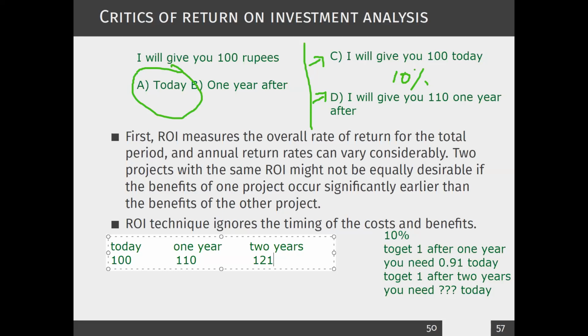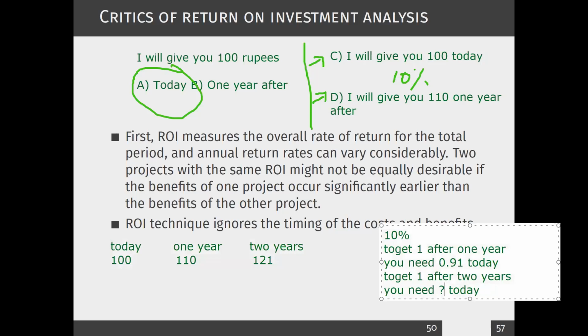Which means if you are to get 1 after 2 years, we have to divide 100 by 121, isn't it? So 0.83, right? So the majority of you got the correct answer. 0.83.